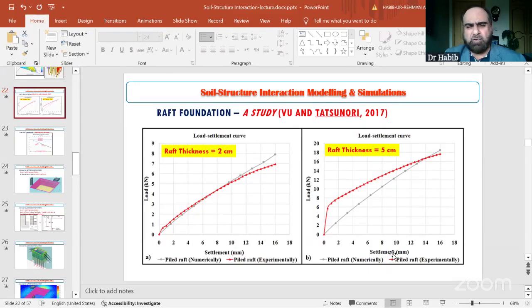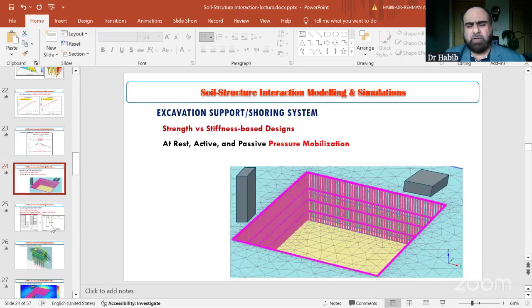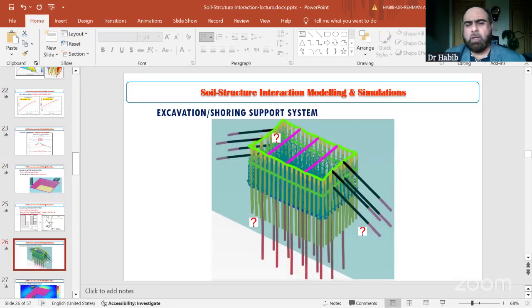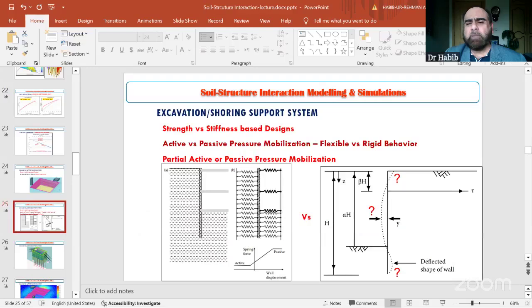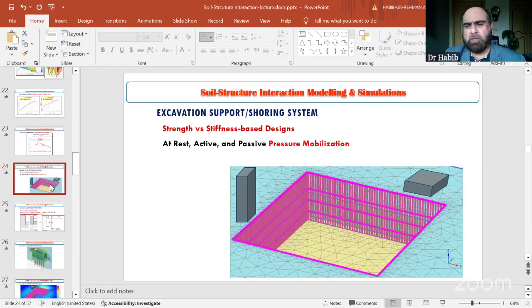They made smaller models in the lab, and they compared these behaviors with the numerically determined values. There are many which we have done ourselves, and there are a lot of studies available in the market right now. Those provide data of these kinds of comparisons.